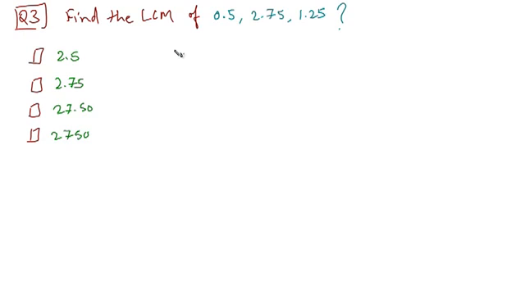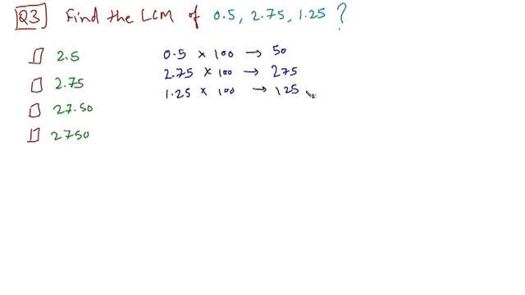These three numbers, 0.5, 2.75 and 1.25, you can convert by multiplying by 100. 0.5 into 100 is 50, 2.75 is converted to 275 and 1.25 is converted to 125.